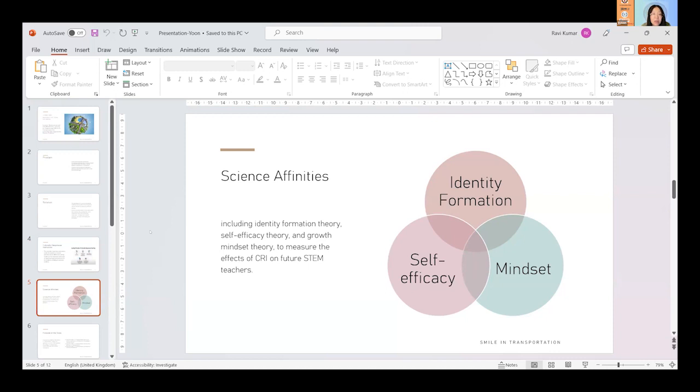So in our research study, to measure the effect of culturally responsive instruction on future STEM teachers, we use the science affinity, how much the future STEM teachers improve their science affinities.